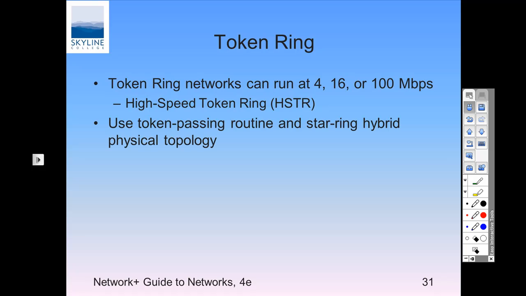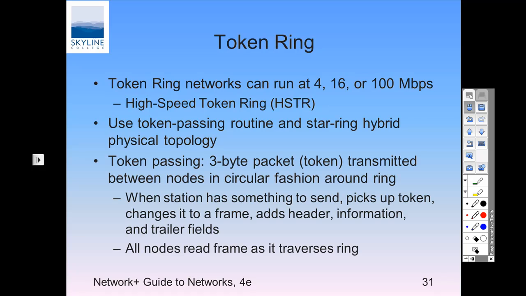If I had 100 megabit devices and a 4 megabit device, I just created a 4 megabit token ring. It only operates as fast as the slowest device, the lowest common denominator.